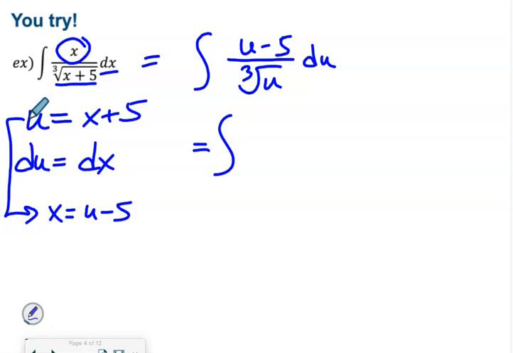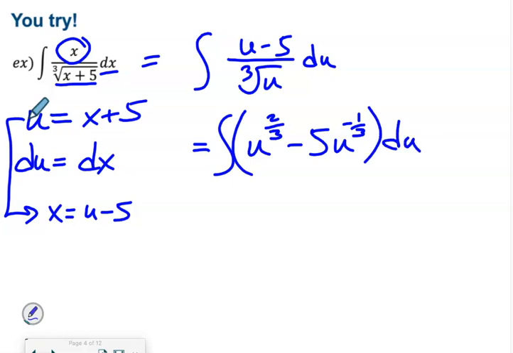So, u divided by u to the first, divided by u to the 1/3, you subtract your exponents. 1 minus a third is 2/3. And then here we have 0 minus a third, so you have negative 1/3. By the way, I don't know if I saw a single paper with correct parentheses, so please make sure that you use proper parentheses.